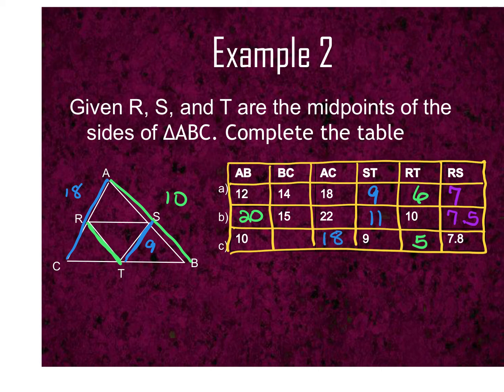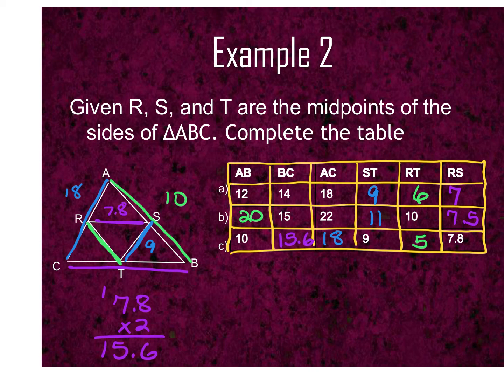My next piece of given information is the length of RS. And if RS is 7.8, then the side of the triangle it's parallel to, that third side, I have to double 7.8. So I'll times it by 2 or add it to itself, either way. And I get 15.6 for the length of BC.